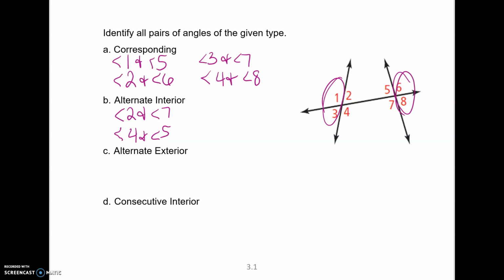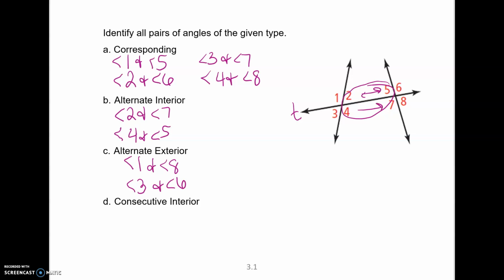So outside of my lines and opposite sides of my transversal T. So angle 1 and angle 8, angle 3 and angle 6. And the last one, consecutive interior, remember that's inside, same side of the transversal. So this time I have angle 2 and angle 5, and angle 4 and angle 7.